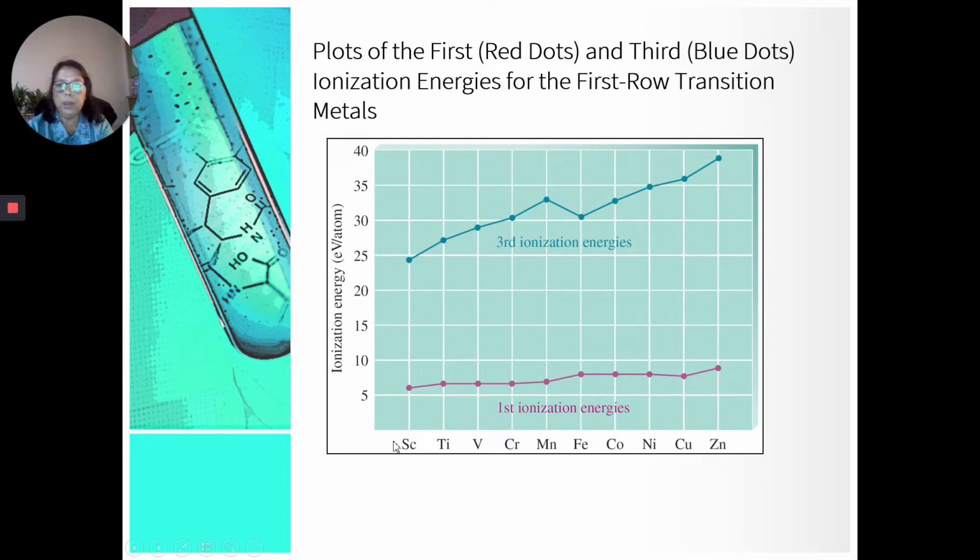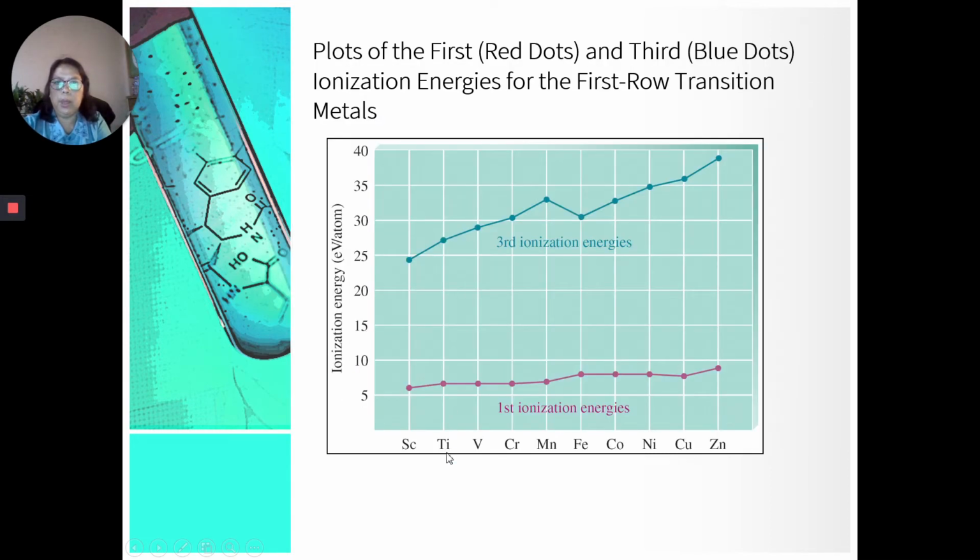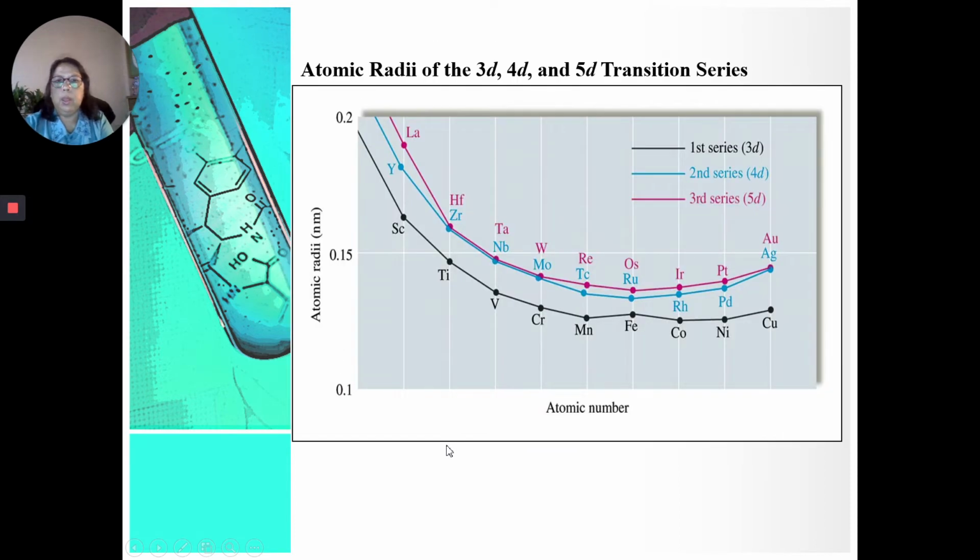So you have here the first row transition metals, and this is their first ionization energy, and this is their third ionization energy, whereby their valences could be lifted. In terms of atomic radius, you have here the first series of the elements.